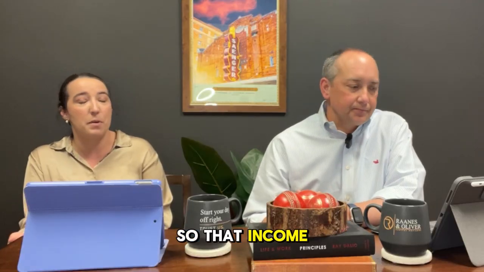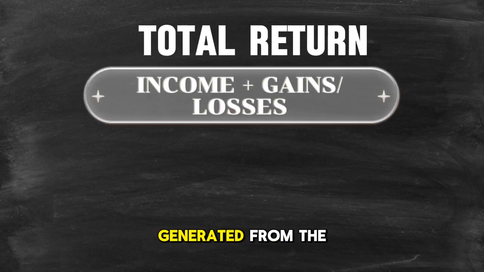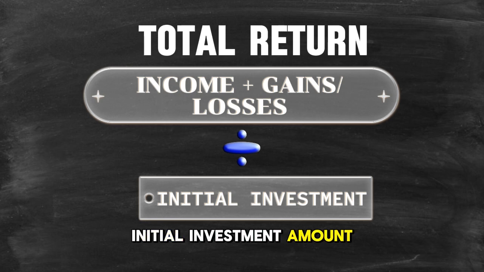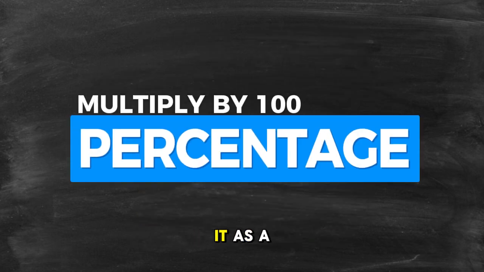Yes, so that income can be a valuable tool in generating returns. To calculate a total return, you're going to add up all of the income generated from the investment and any capital gains or losses, then divide that total by the initial investment amount. Multiply that by 100 to express it as a percentage.